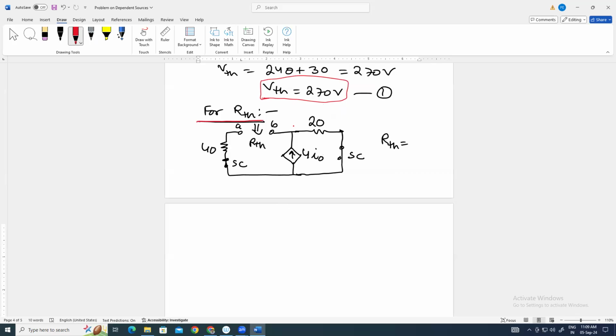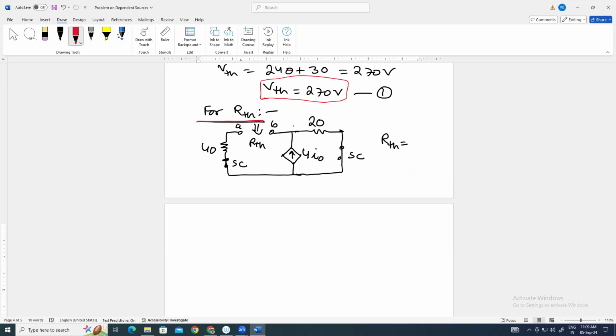So we will remove the element connected between these two terminals and we will replace all independent sources by their internal resistance. We know that we have two voltage sources. Both will be short circuited because in an ideal voltage source, the internal resistance will be 0. So that's why both will be short circuited. Here short circuit, here short circuit. And the dependent source will remain as it is in the circuit.